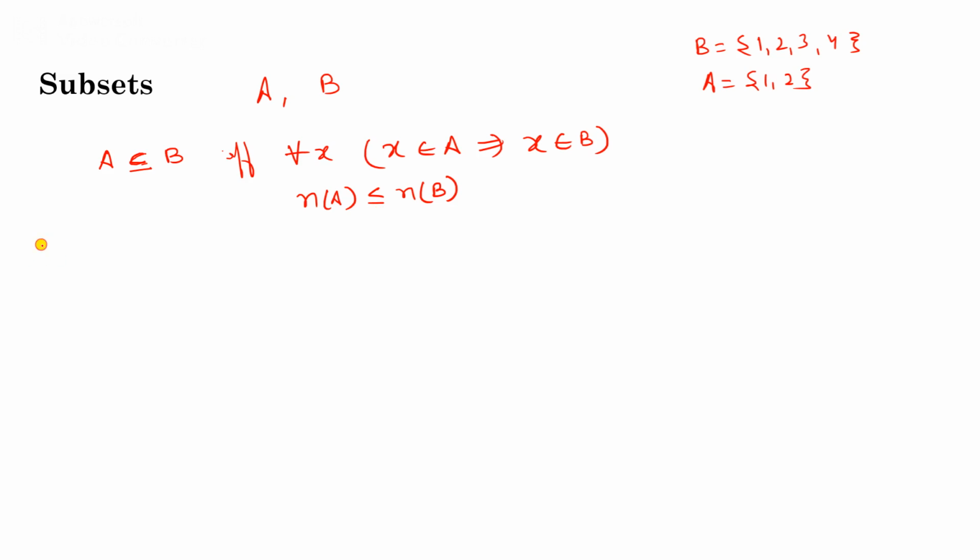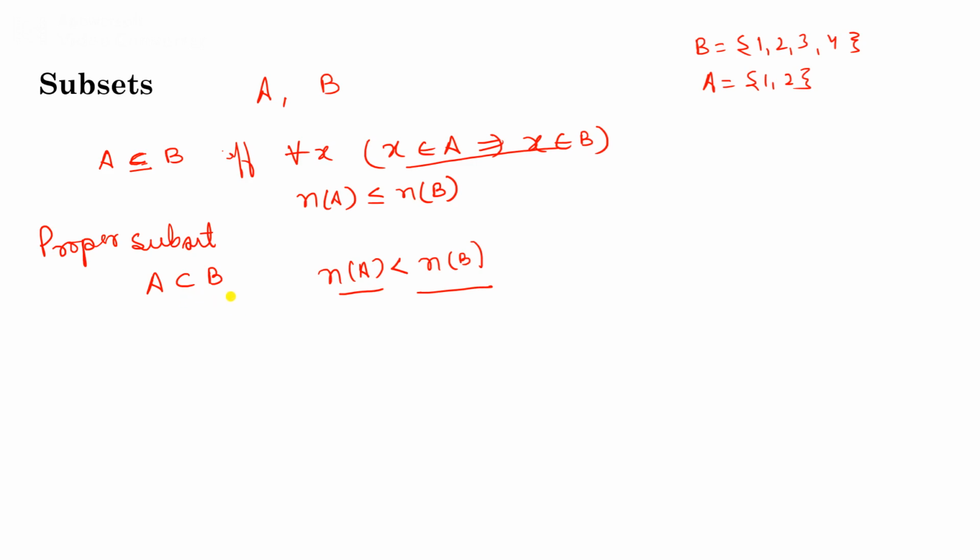Now another type of subset is proper subset, denoted by A contained in B. Whenever all the elements of A are the elements of B, and the number of elements in A is less than the number of elements in B, then we say A is a proper subset of B. So this is the difference between proper subset and a subset.